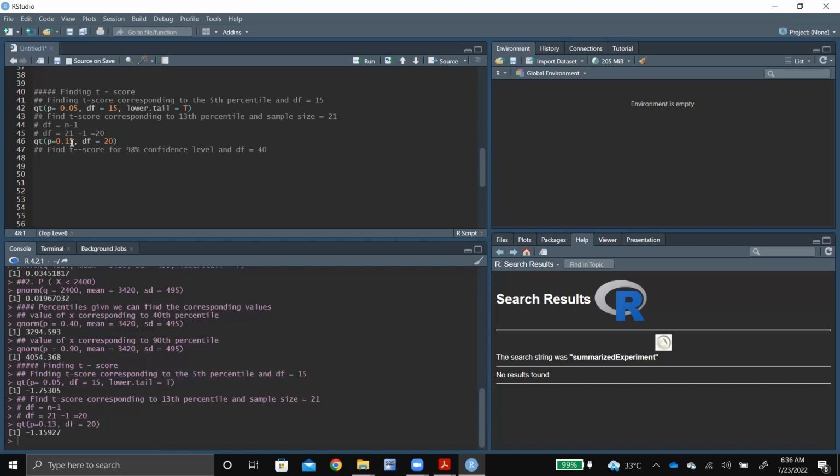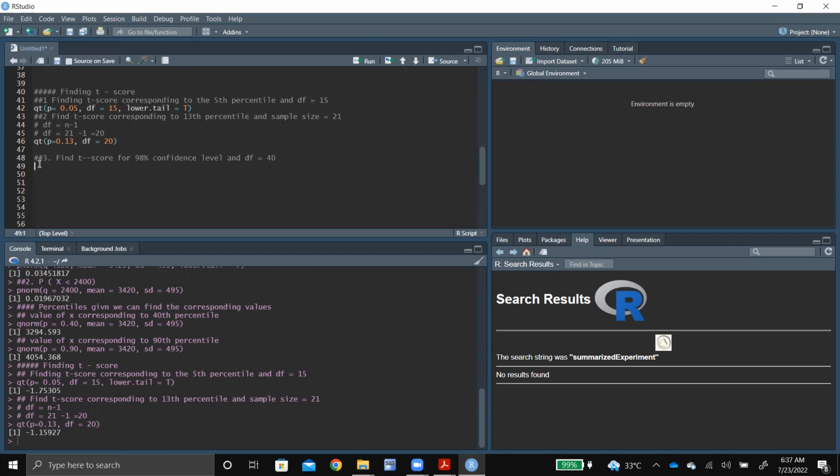Over here, we are finding the t-score for 98% confidence level and degrees of freedom equal to 40. Suppose this is number 1, number 2, and this is number 3. There's a difference between what we did in number 1 and number 3, or number 2 and number 3. In number 1, we are looking at the percentile. In number 3, we're looking for the confidence level.